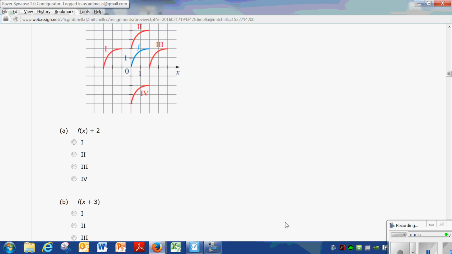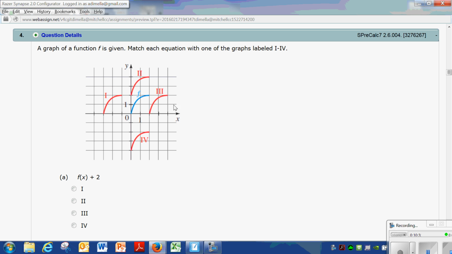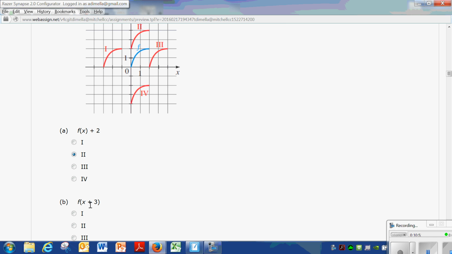In WebAssign, you have the square root function that you'll have to move around here that looks like this. Well, almost the square root function. And I want to talk about if f is my blue function, f of x, what is f of x plus 2? Well, a plus 2 on the outside brings this up 2 units, and so it would be the second one. This plus 3 says take my blue over 3 units, but the opposite way that it looks.